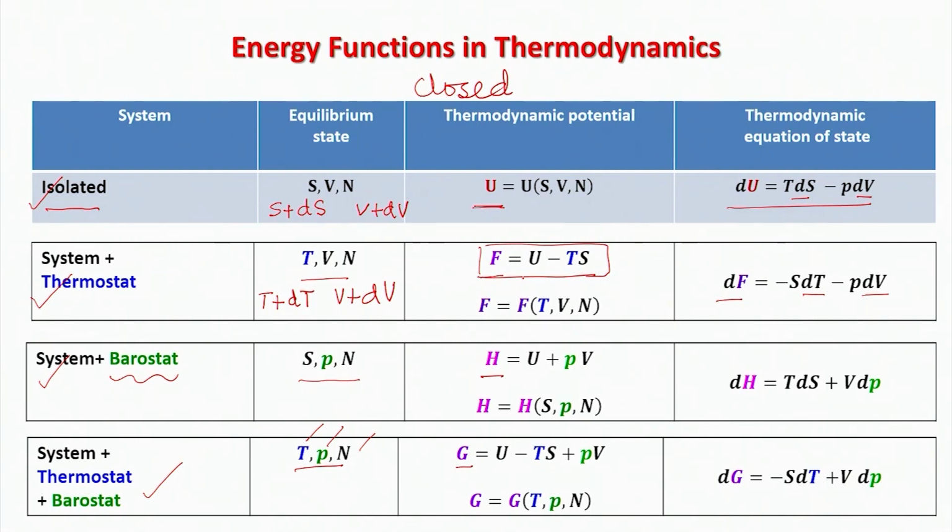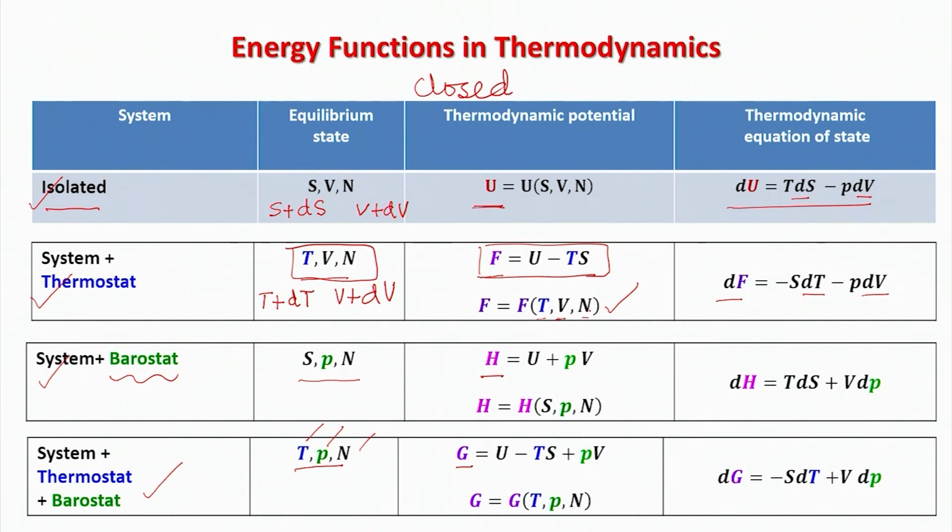And since any given equilibrium state of the system is characterized by a given value of temperature, volume, and the number of particles, then F will also have a value specific to the equilibrium state of the system, as it is a state function, and therefore it is going to be a function of T, V, and N.